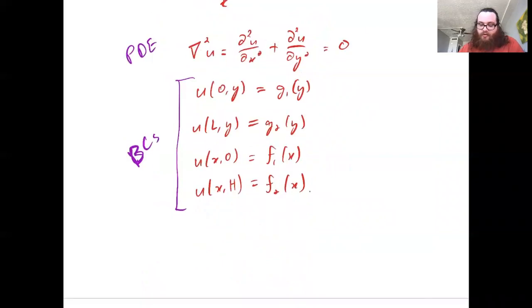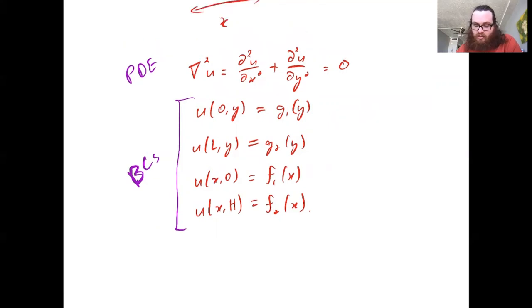This is the problem that we're trying to solve, now using separation of variables and some of the other techniques that we've developed. One thing to notice is that, as written, this is not a homogeneous boundary value problem, because these boundary conditions are not equal to 0. If you have one solution U and another solution V that also satisfies all of these boundary conditions, and then you consider the function U plus V, well, nabla squared of U plus V is going to be 0 because U and V both satisfy this.